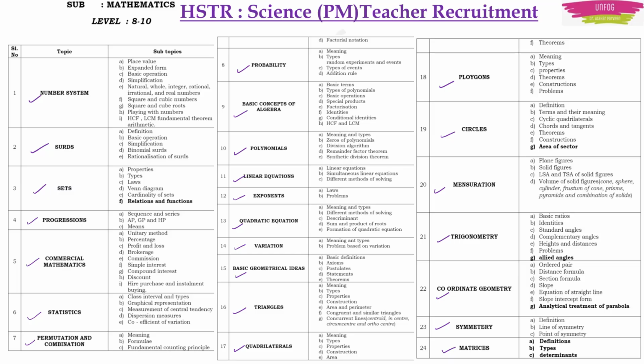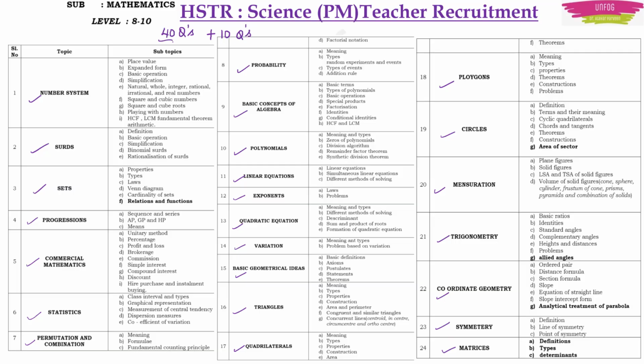Now coming back to our actual topic of today's session. How will we be preparing for mathematics? If we see the paper pattern, there are 40 multiple choice questions in mathematics plus 10 questions for mathematics methodology.